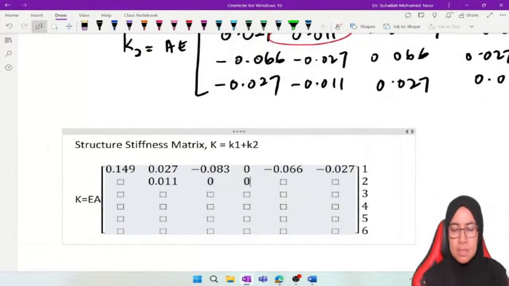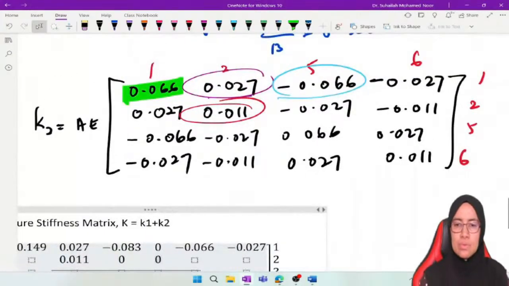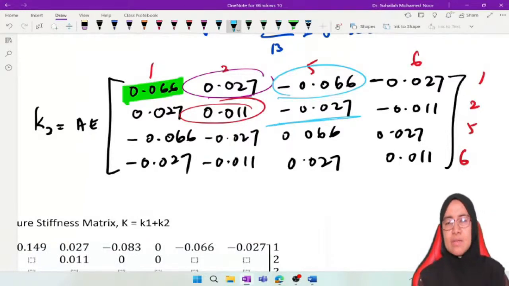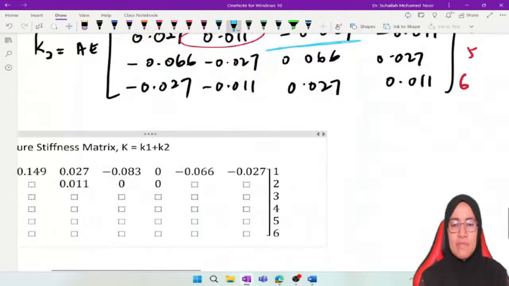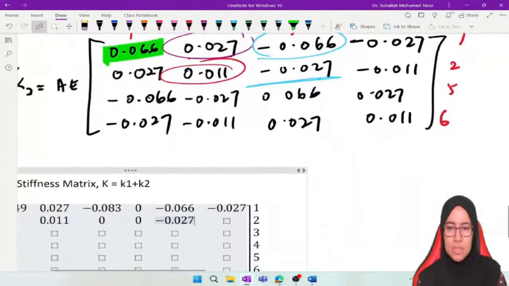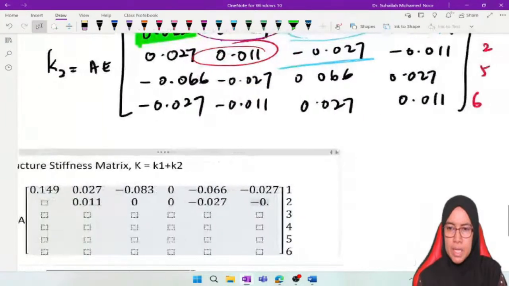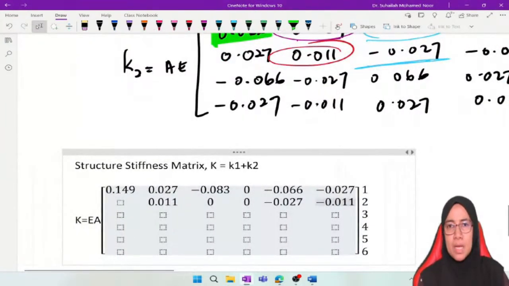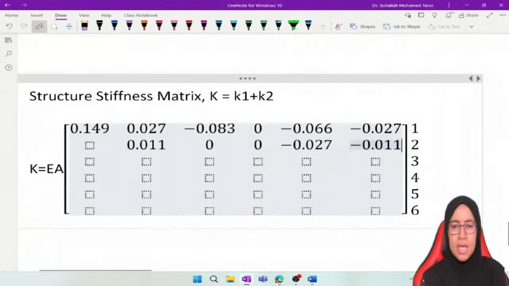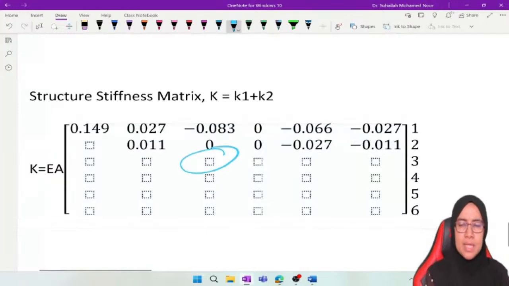Okay, 2,3, 2,4, 0. 2,5, it is negative 0.027. Find the value in K1 and K2. Negative 0.027 and 2,6 is negative 0.011.